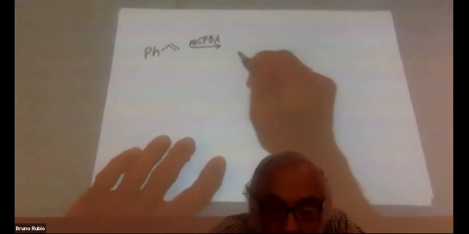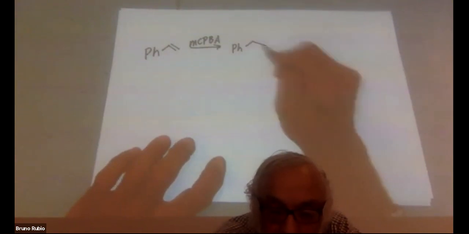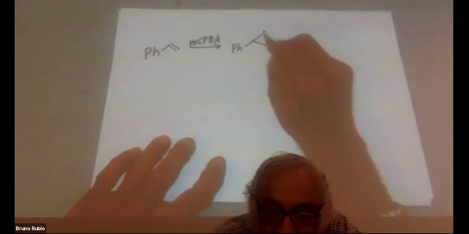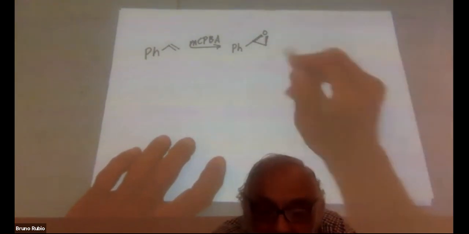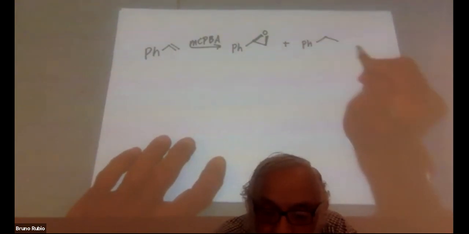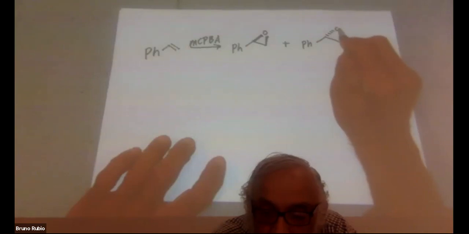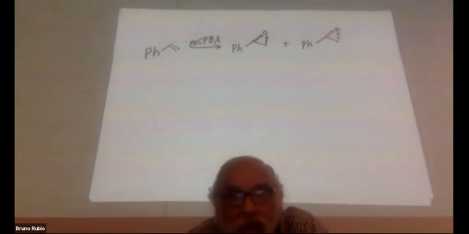So what you're going to get here is 50% of these molecules, the epoxide oxygen will be delivered to the front of the molecule. That means wedges. And 50% of the molecules will have that epoxide oxygen delivered to the back of the molecule. That means dashes.